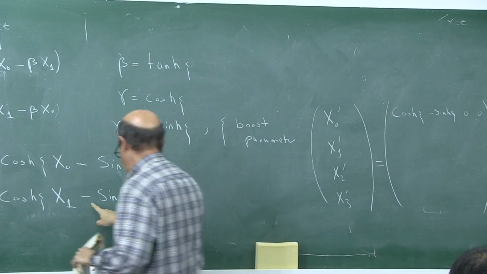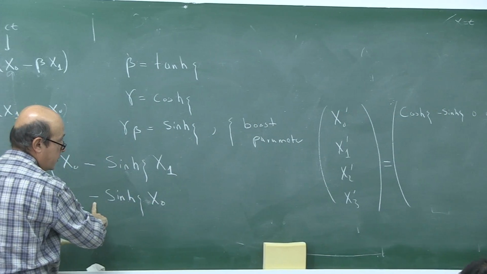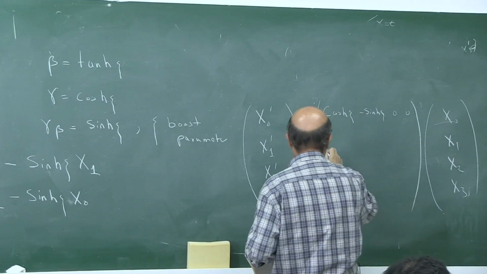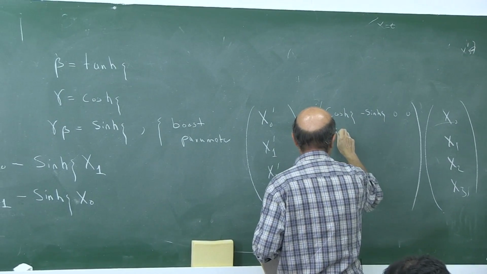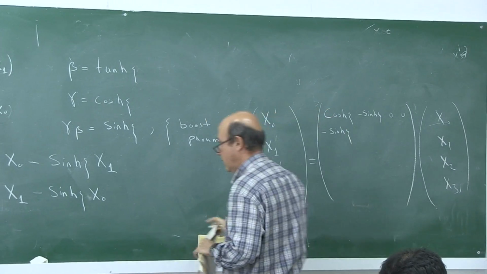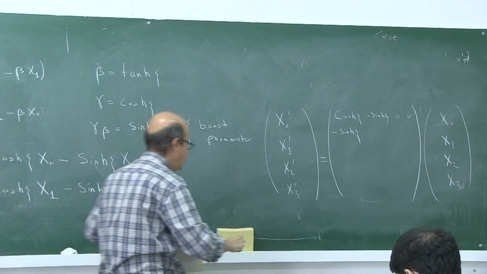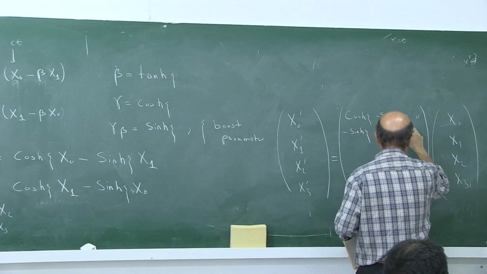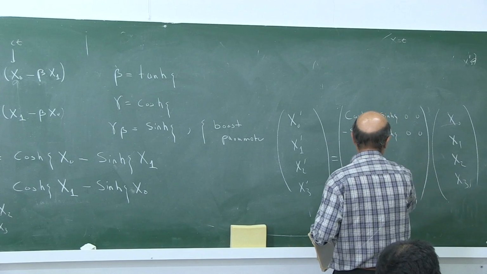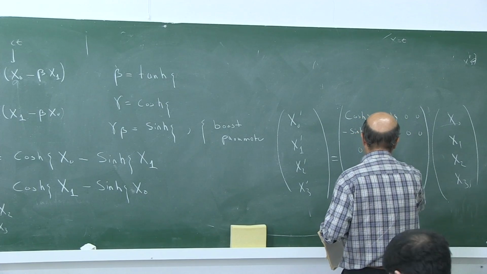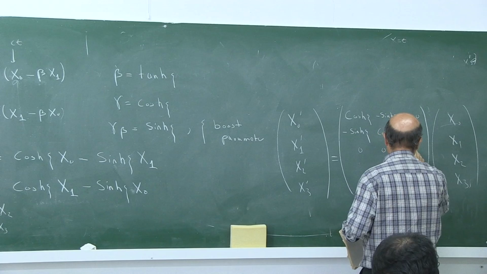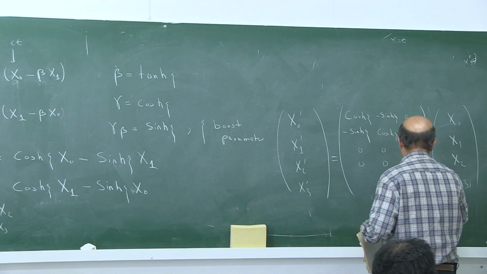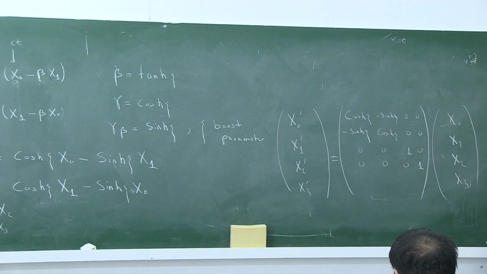And for the next row, minus sine hyperbolic psi, and the other one cosine hyperbolic psi, then 0, 0. And how about the other terms? 0, 0, 1, 0, 0, 0, 0, 1.